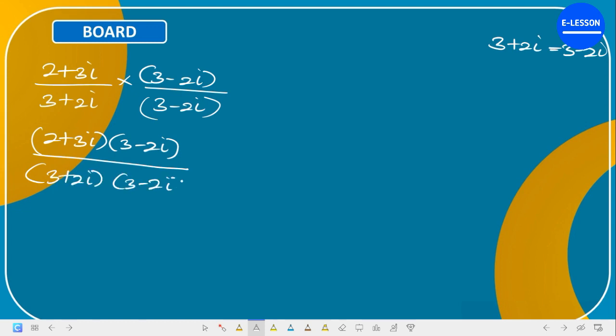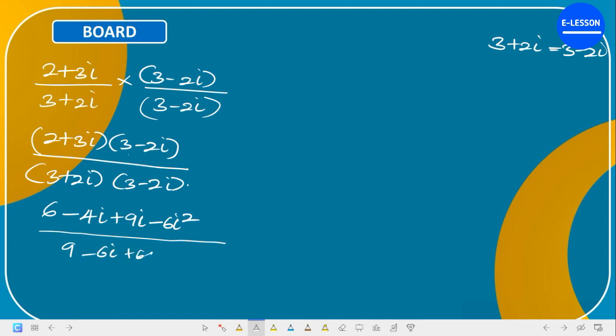bracket 3 plus 2i and bracket 3 minus 2i. Now 2 times 3 is what? 6, plus 2 times minus 2i is minus 4i. 3i times 3 is 9i. Then 3i times minus 2i is minus 6i square. All over 3 times 3 is 9. 3 times minus 2i is minus 6i, plus 2i times 3 is 6i.